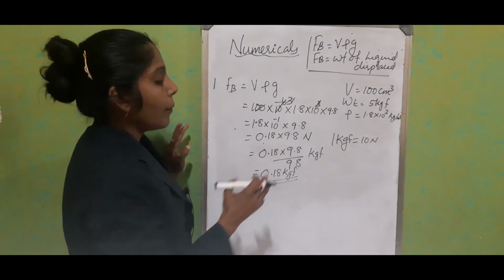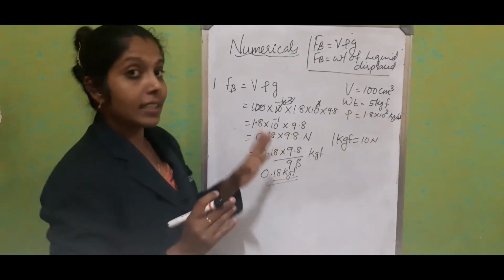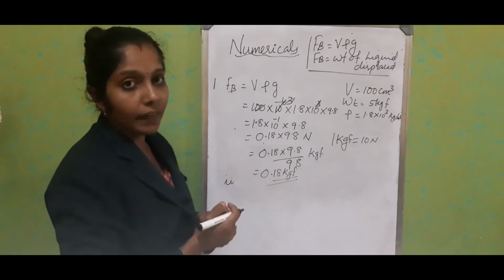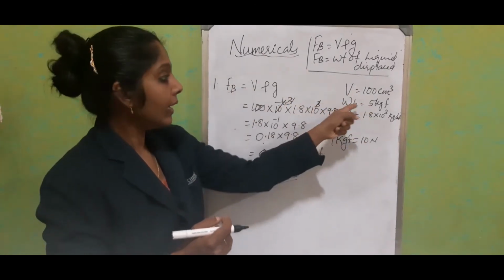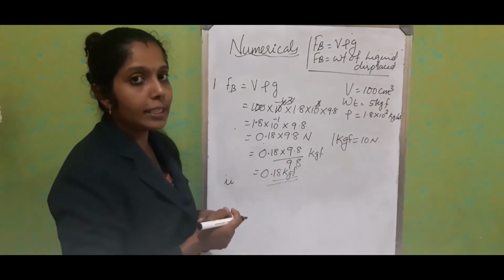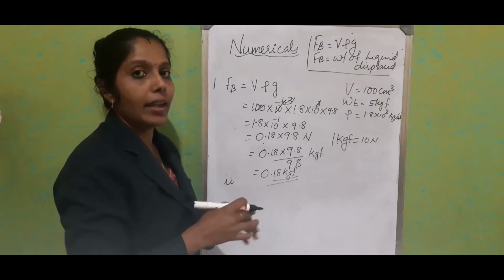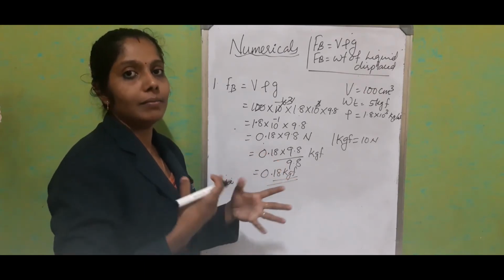Now the second part, that was the first part. For the second part, it's easy to find out if it is in terms of kilogram force, because we know that in air it weighs 5 kilogram force and the upthrust is 0.18. Now what is the volume of the liquid displaced?